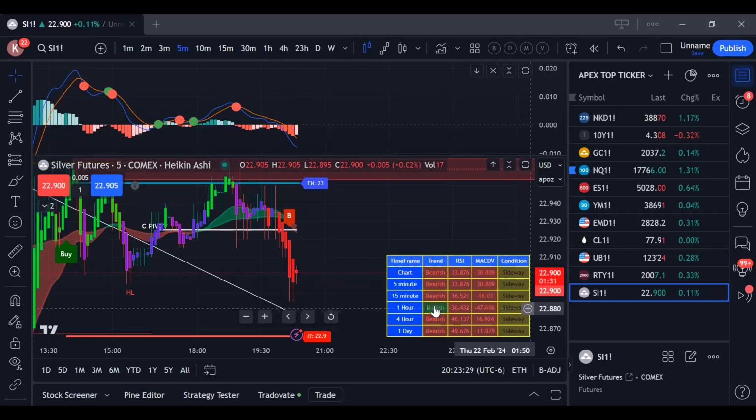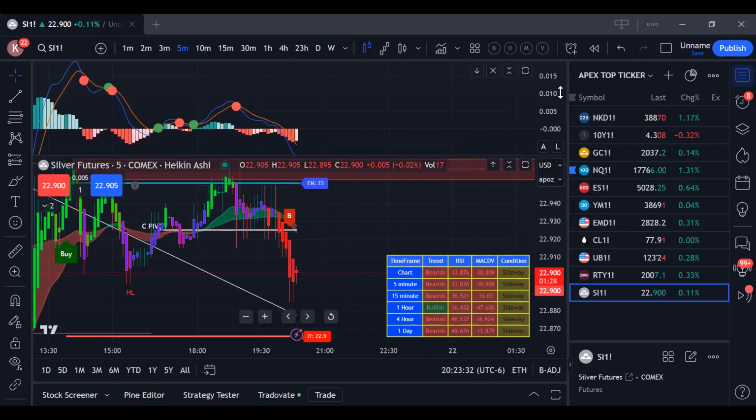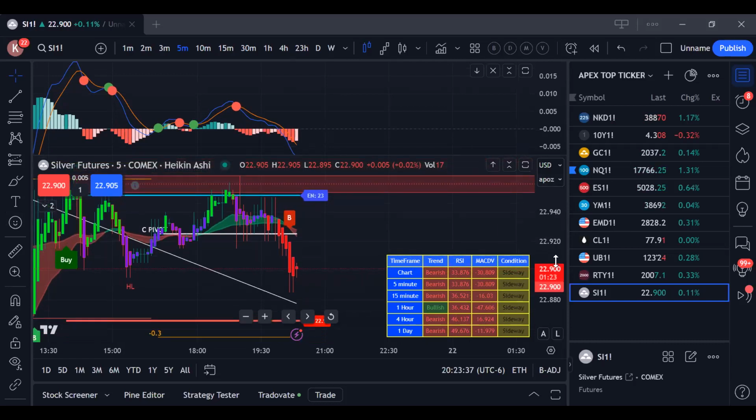What do you think? What is the chance now? Should we enter short? Should we enter long? Should we wait?